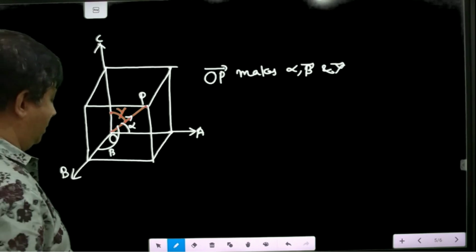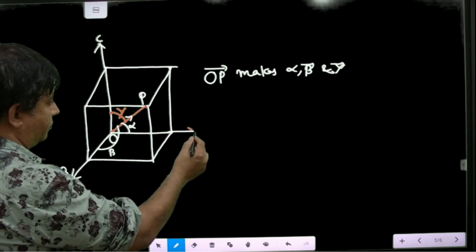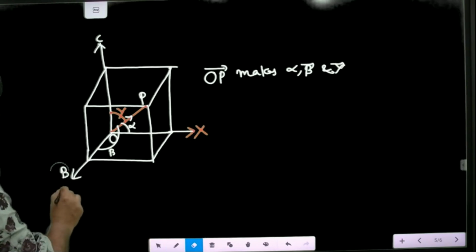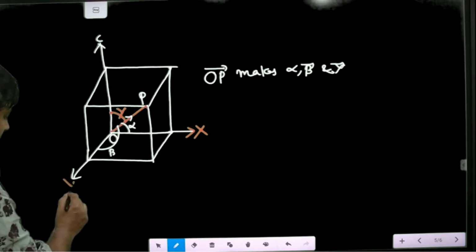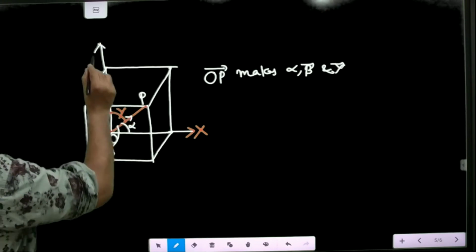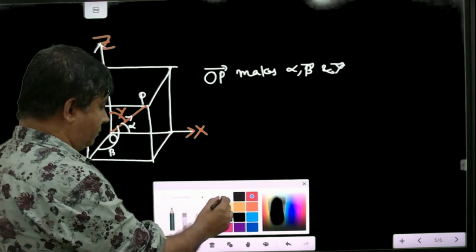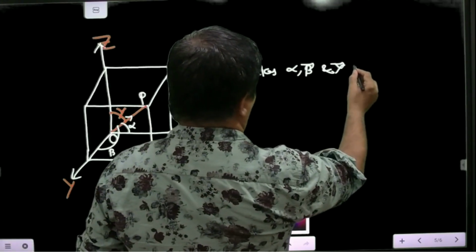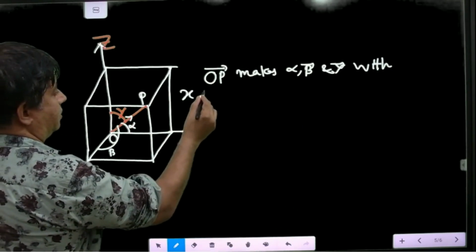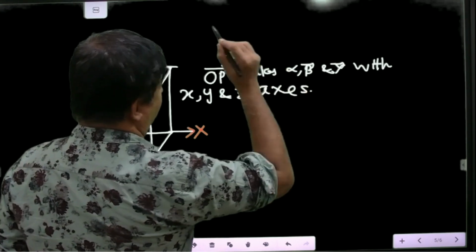Okay, better you label it by x axis, y axis, z axis. Okay, OP makes alpha, beta, gamma with x, y and z axis.